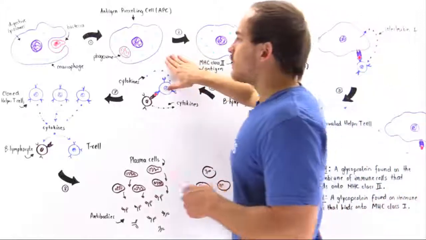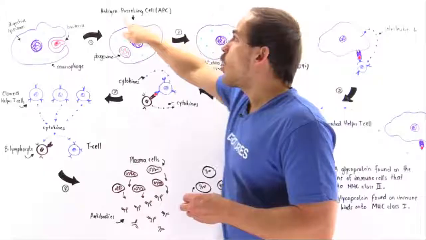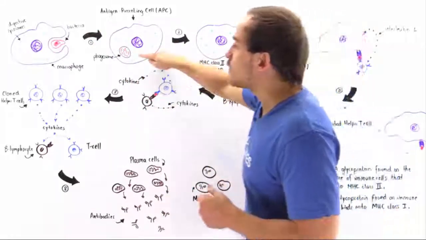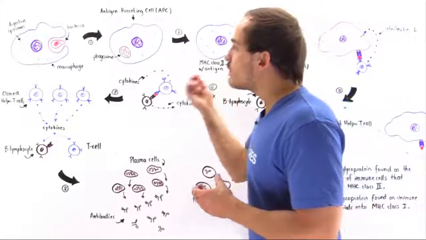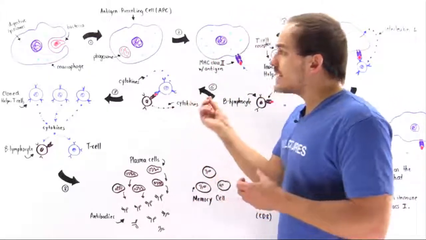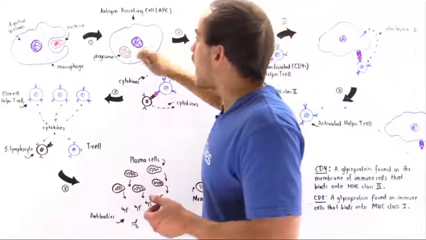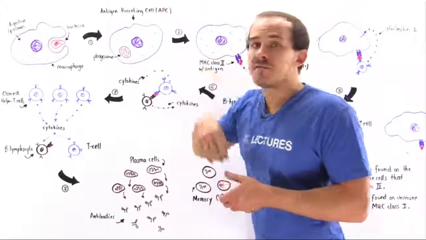Now, the macrophage is actually a type of cell we call an APC, or antigen presenting cell. What that means is after it kills off and breaks down that cell, it takes one of the antigens, one of the proteins or nucleic acids or polysaccharides from that bacteria, and it places it onto the surface of that cell.